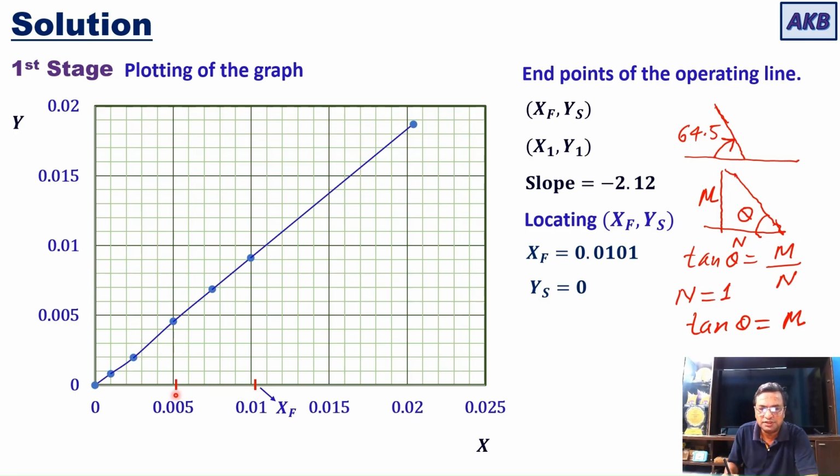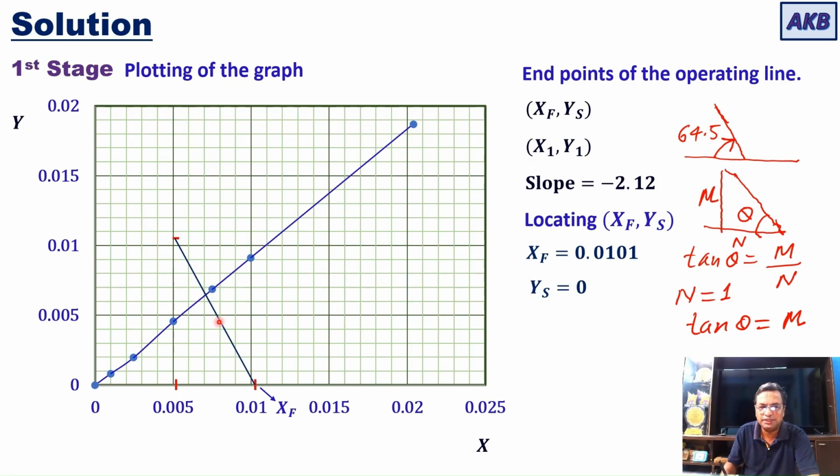So if I travel 1 unit, I will reach over here, and then in the vertical direction, I will have to travel a distance equal to the slope, and the slope in this case is 2.12. So if I travel this vertical distance, it will be 1, 2 and 2.1. So I reach over here. Okay, so I get this point. Now the task left is to draw a line that passes through this point and this point. That will be the line of the desired slope of minus 2.12.